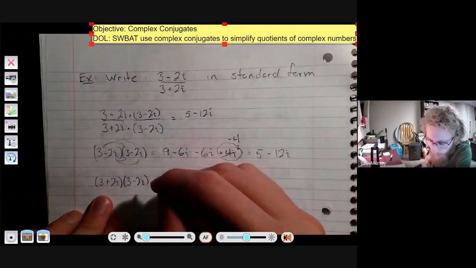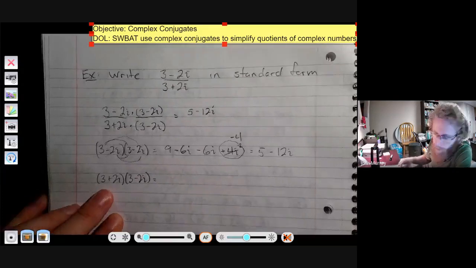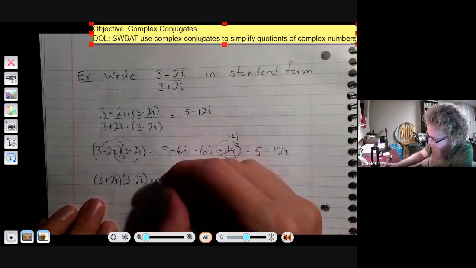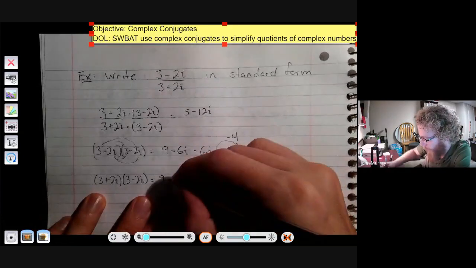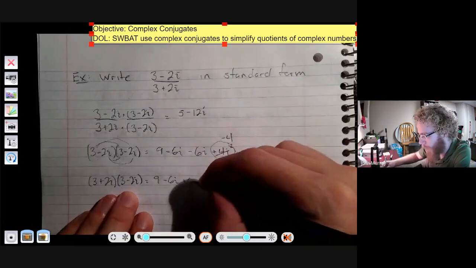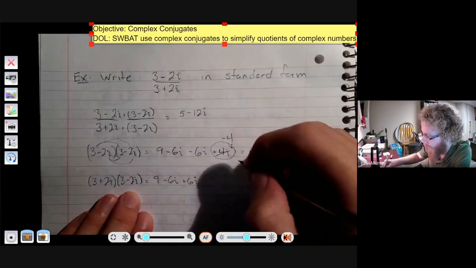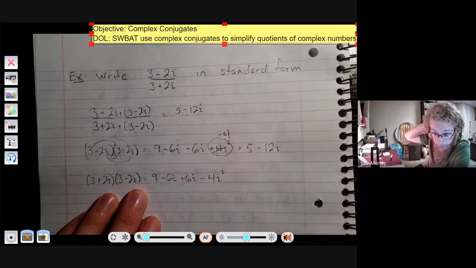So we FOILed the numerator and we simplified that. Now for the denominator, again, we should end up with just a real number. 3 times 3 is 9. Outer, we get negative 6i. Inner, we get positive 6i. And then with the last, I get minus 4i squared.